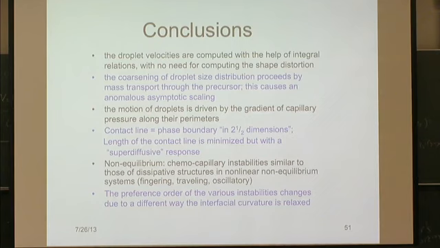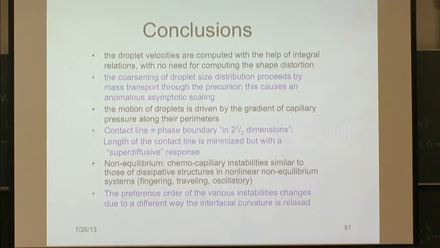In this case, these are conclusions regarding the droplet velocities. They are computed with the help of these integral relations, and so it saves really a lot of computations, because everything is reduced to differential equations.